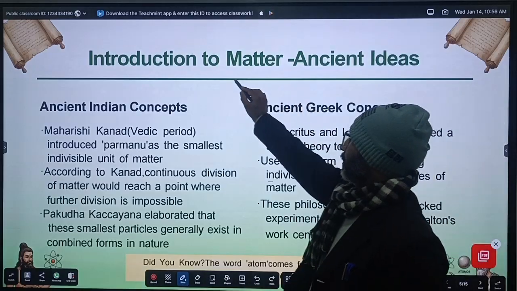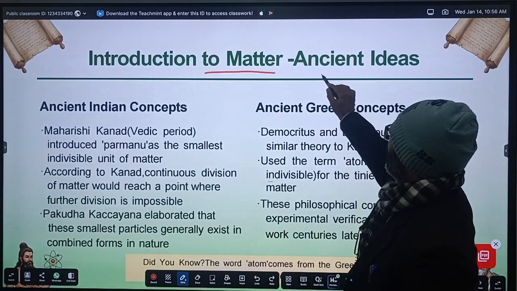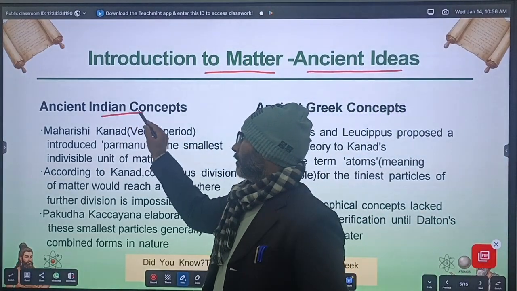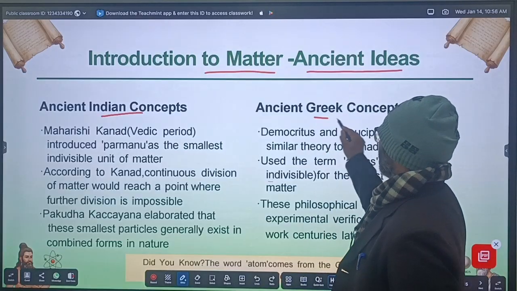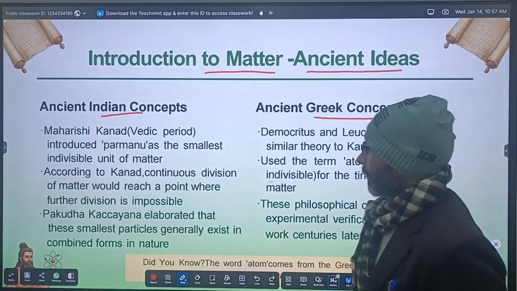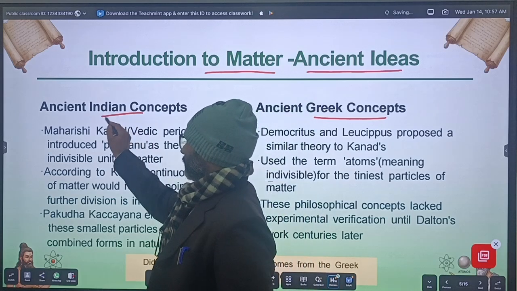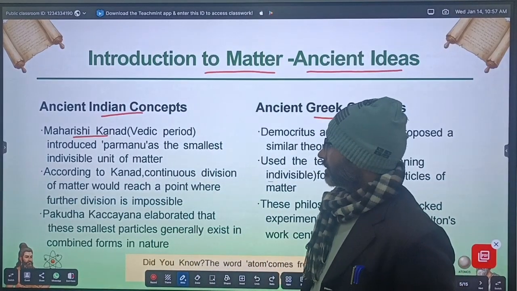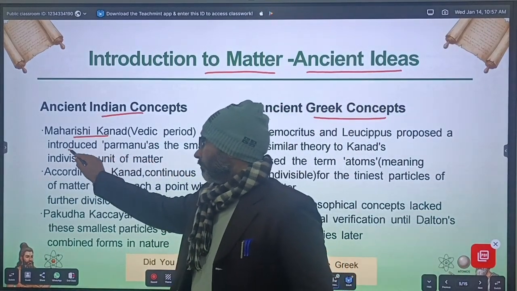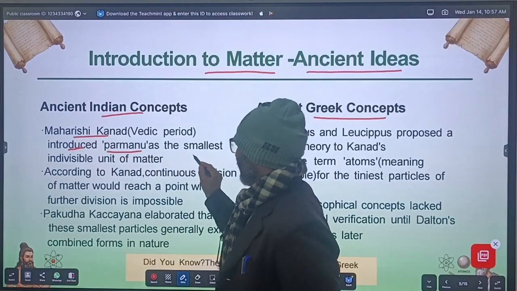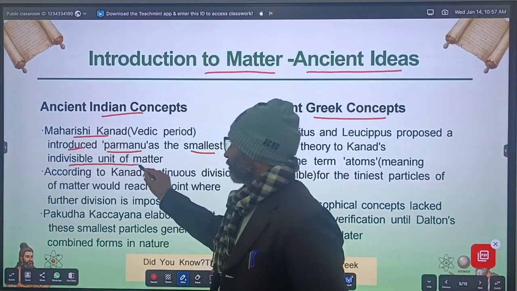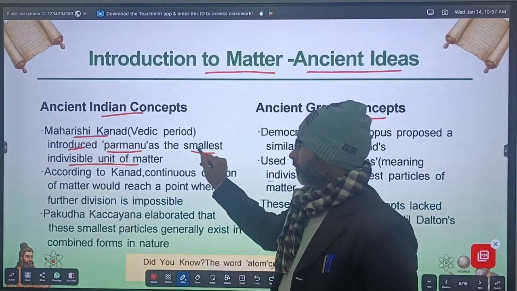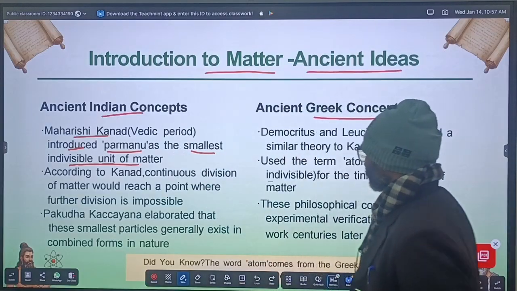Introduction to matter. We have ancient ideas, of two types: one according to the Indian concept and the second according to the Greek concept. According to the Indian philosopher Maharishi Kanada, who introduced the term Parmanu as the smallest indivisible unit of matter, it is the particle which can't be further divided.